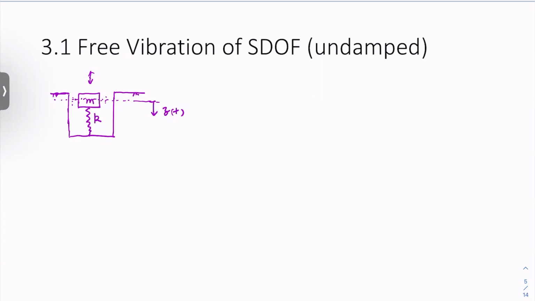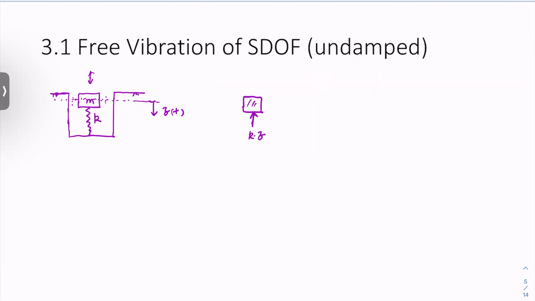So would you agree that if I push this down a little bit, if we have a positive z, then you would have a force from the spring. That force would be k times z. Would you agree? If we push this thing down by z, that would be k times z. That is a force.